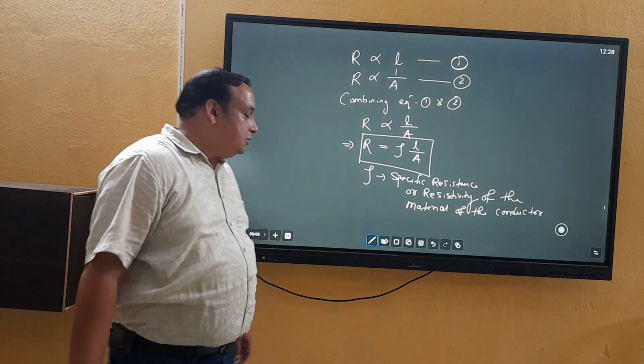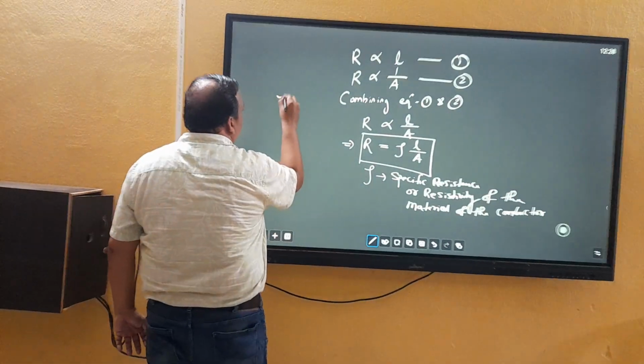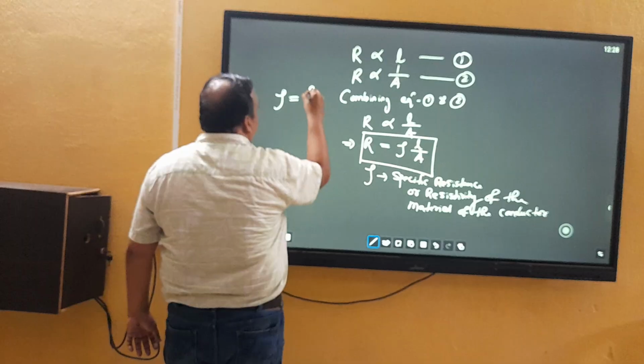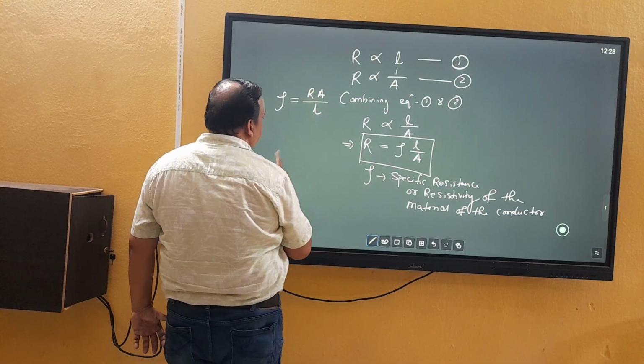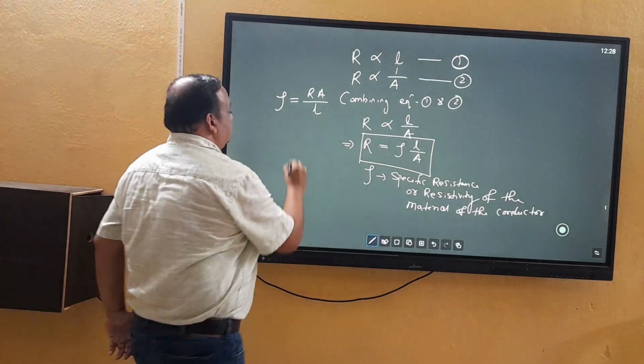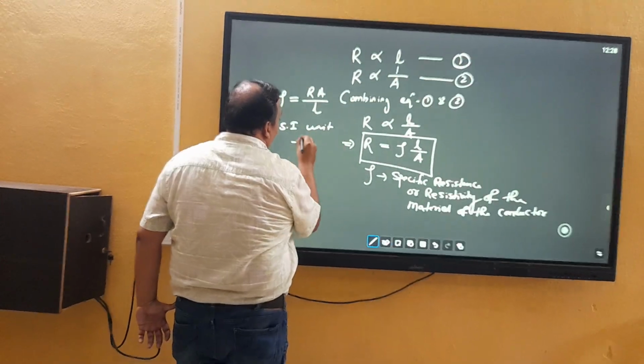Okay. It depends upon the material. So rho is equal to RA by L. The unit of resistivity is ohm meter. SI unit is ohm meter.